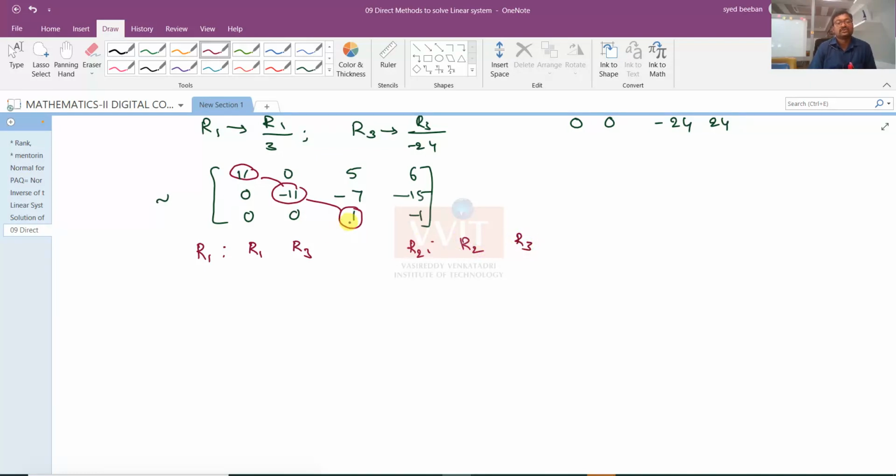See, here R1 is 1, R3 is 1. So if I multiply R3 with 5, since both have the same sign, I need to subtract. Here R2 is negative 7, so multiply R3 with 7 and add it. So here I am updating only R1, R2. R3 will be as it is, 0, 0, 1, minus 1.